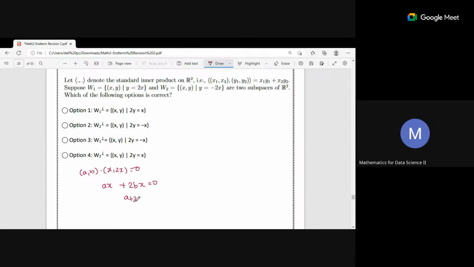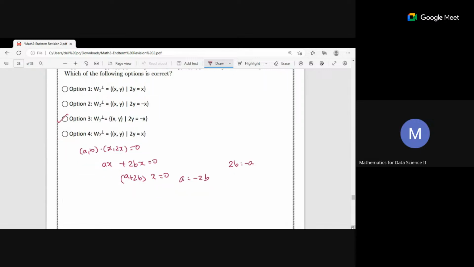So (A plus 2B) times X is equal to 0. So A is equal to minus 2B. What is your W1-perp? Can you tell? A is equal to minus 2B, or you can say 2B is equal to minus A. What is your W1-perp? Option C. Right?